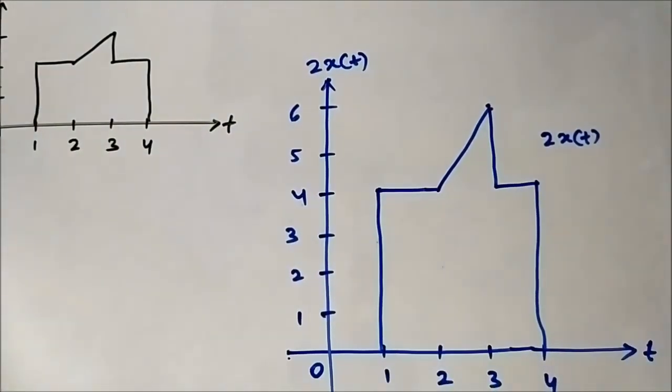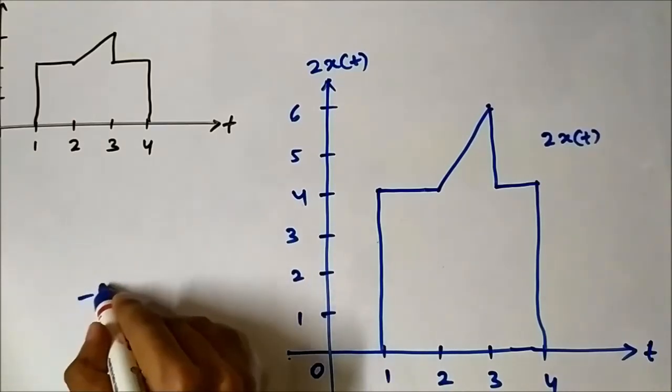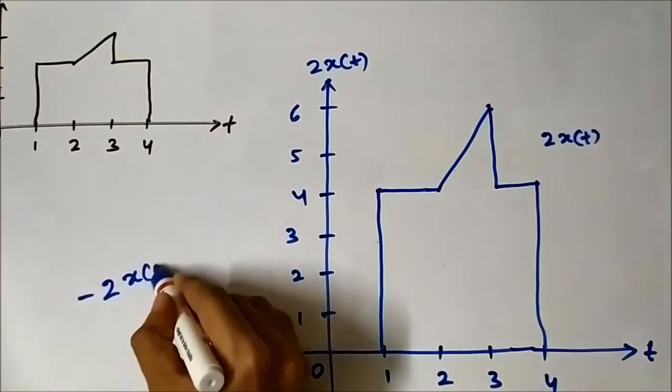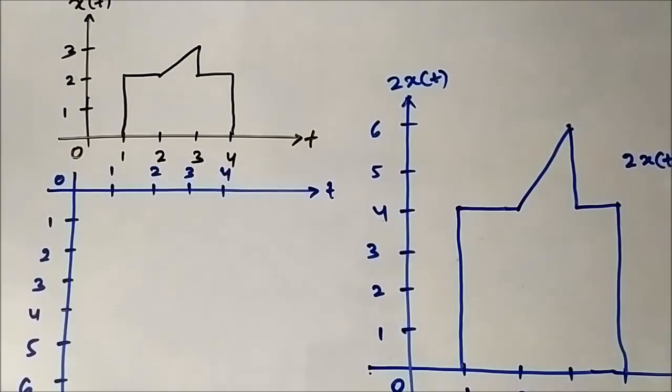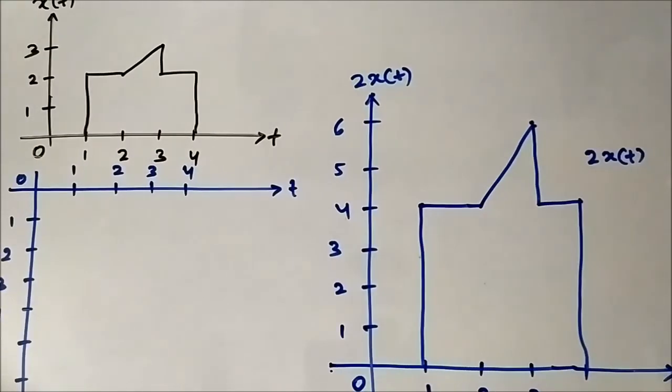Now we have to perform amplitude inversion on it, that is minus 2x(t). Okay, so let us do that. Now we'll perform the amplitude inversion of this signal.